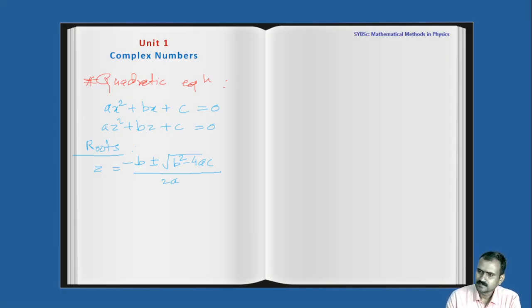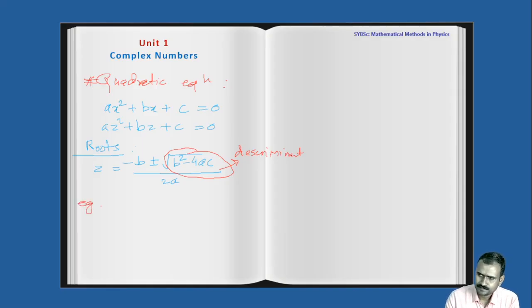Here the expression under the square root, b² - 4ac, is the discriminant. So by finding the value of the discriminant, we can get the roots of the quadratic equation. We can take one example.